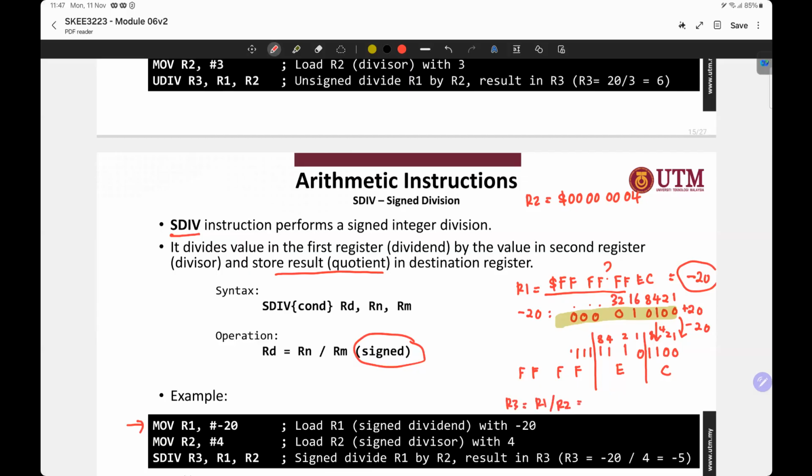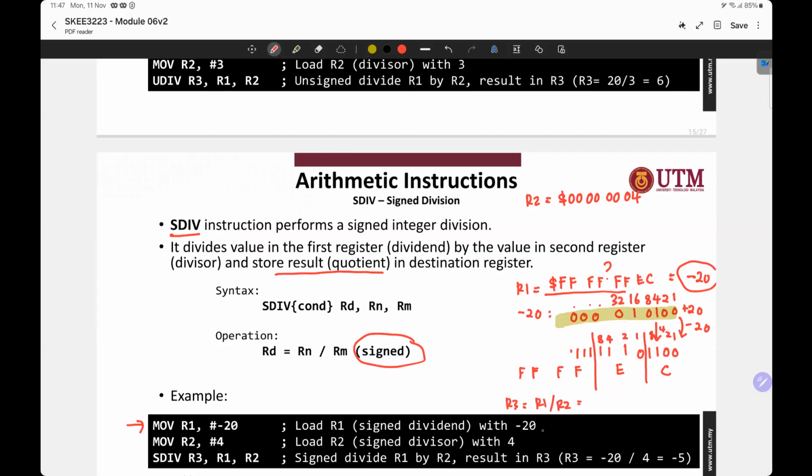For the division, if you don't have a calculator, it is better to divide using decimal numbers, and after we get the result, we change it to hexadecimal. If you have a calculator, just press the calculator and you will get the value.